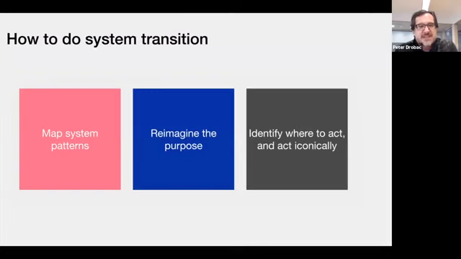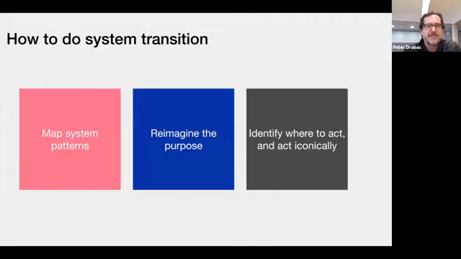And this is kind of a simplified version of how to think about a system transition. First step is to start to map the system itself, as we're going to begin doing today. And by mapping the system, understanding the patterns, understanding the deeper forces that are holding the system in place, you can identify where there are some leverage points for change. Second is to then reimagine the purpose of the system.